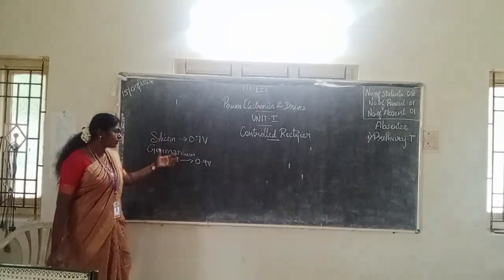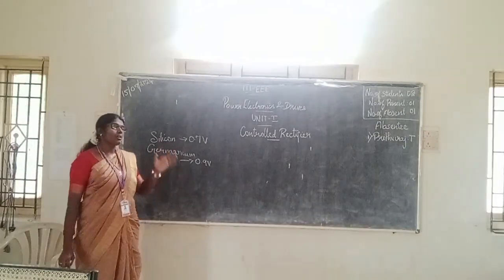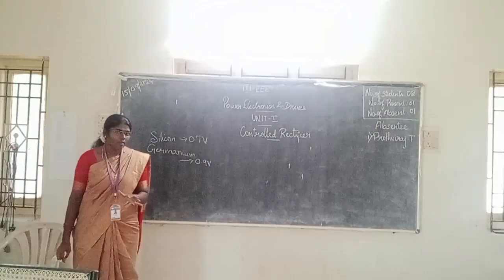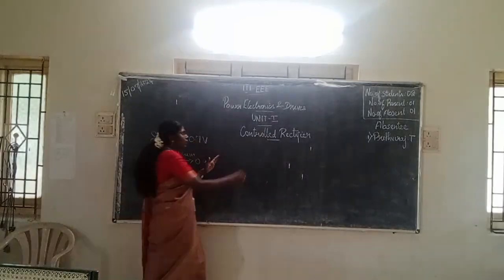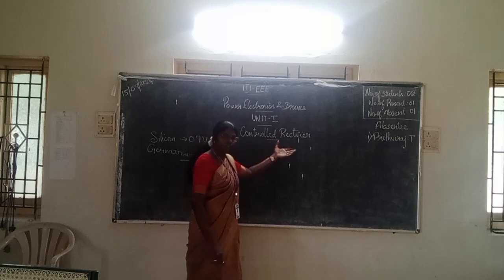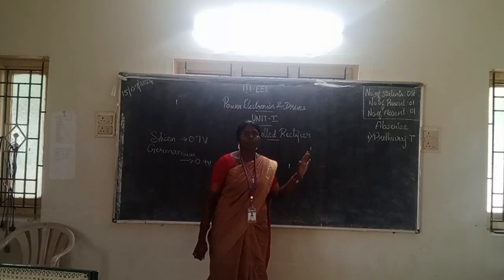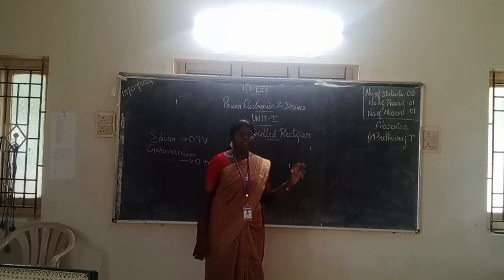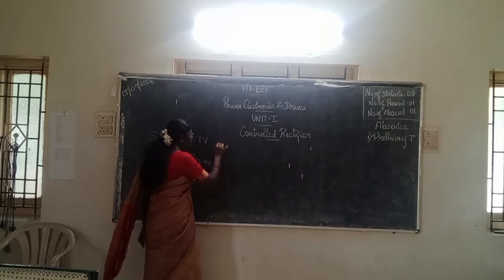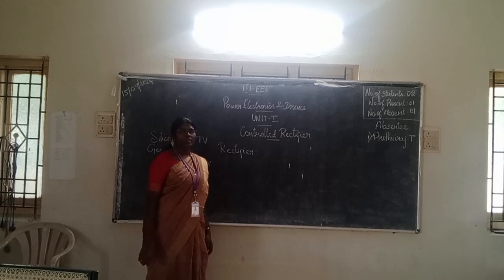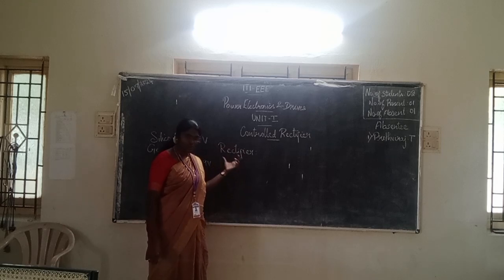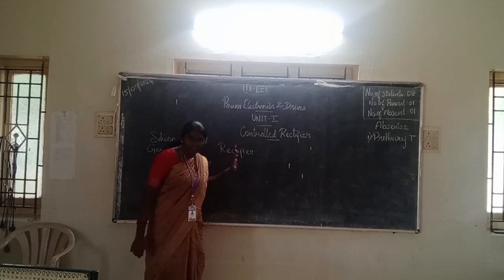Mostly other semiconductor materials are also available, but we are using these two most probably. In unit 1 we will be studying about controlled rectifier. Rectifier means, as an electrical and electronics engineer you should know, it's a converter.